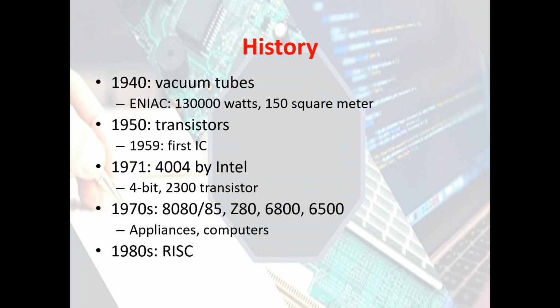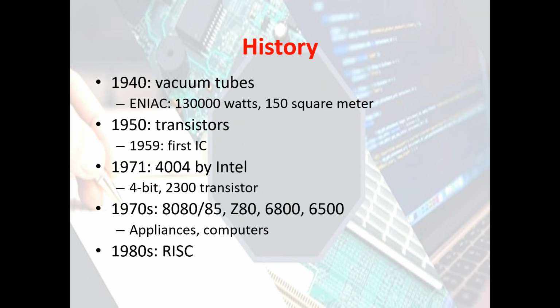In the evolution of computing hardware, the 1940s marked the era of vacuum tubes, which were large and power hungry. The introduction of transistors in the 1950s brought about a significant reduction in size and power consumption. The first integrated circuit or IC emerged in 1959, paving the way for more compact and efficient designs. Intel's 4004 in 1971, with its 4-bit architecture and 2,300 transistors, represented a milestone in microprocessor development.